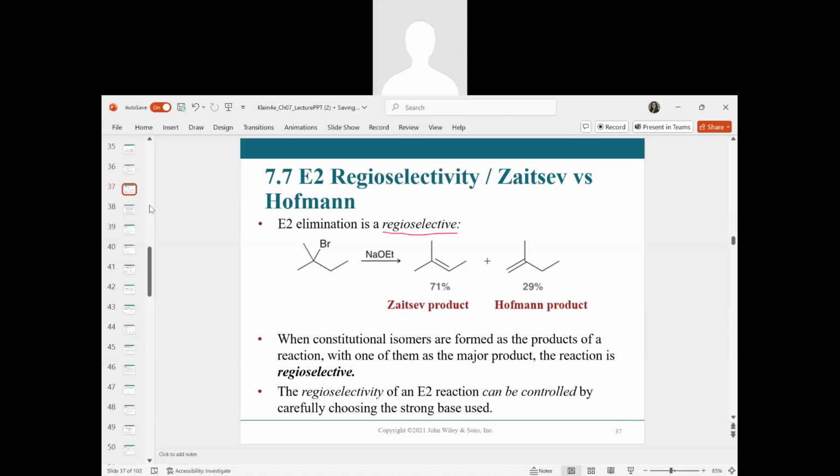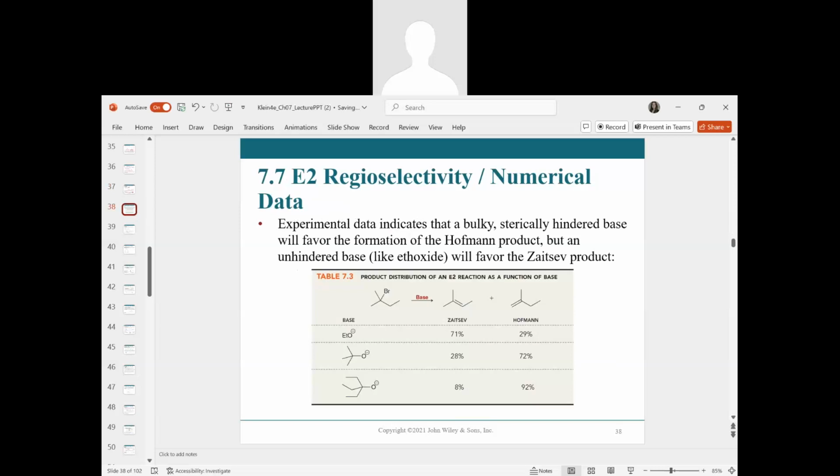So we can predict or even control a reaction by carefully choosing which strong base we use. So let's take a look at some common bases that can be used and some data that has been produced.